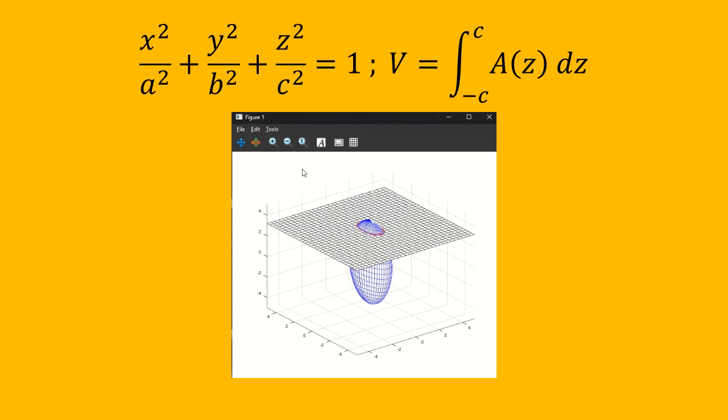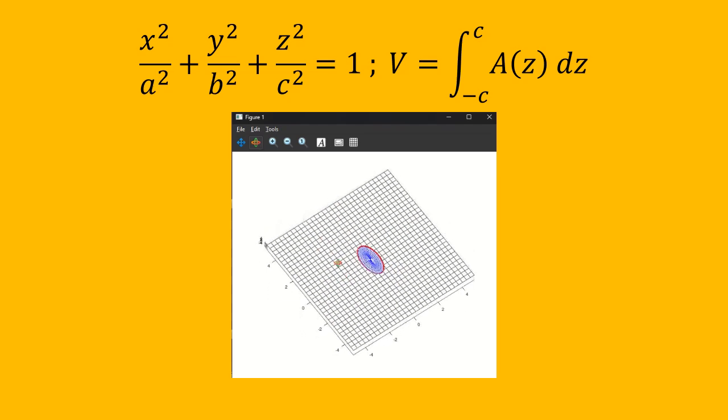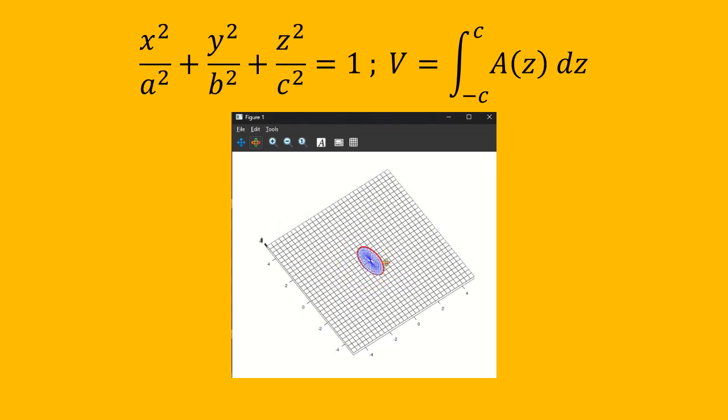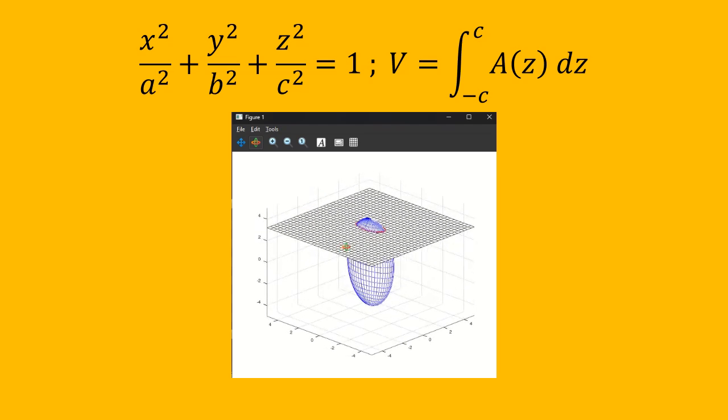What happens is we get the intersection of those two surfaces being an ellipse. We will see that this intersection is an ellipse. So to find the volume of the ellipsoid, we will integrate the areas of these cross sections from minus c up to plus c, the values that z can take on.